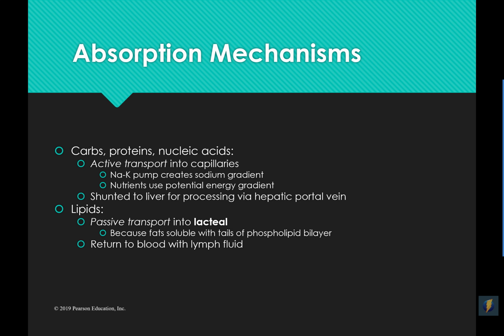The lipids, since most of our intestinal cell membranes are phospholipids, can be absorbed via passive transport, into something called a lacteal. They don't get returned to the blood until your lymph fluid returns to the blood, so the lipids do not go through the liver. So carbs, proteins, nucleic acids: active transport to the liver. Lipids: passive transport into the lacteal, and they bypass the liver.